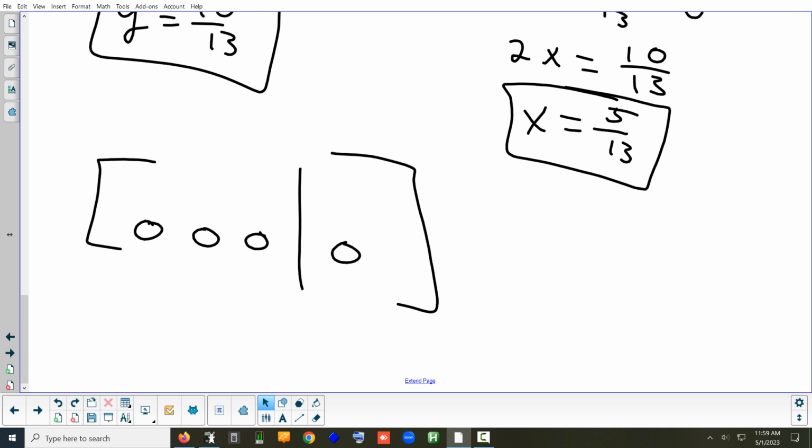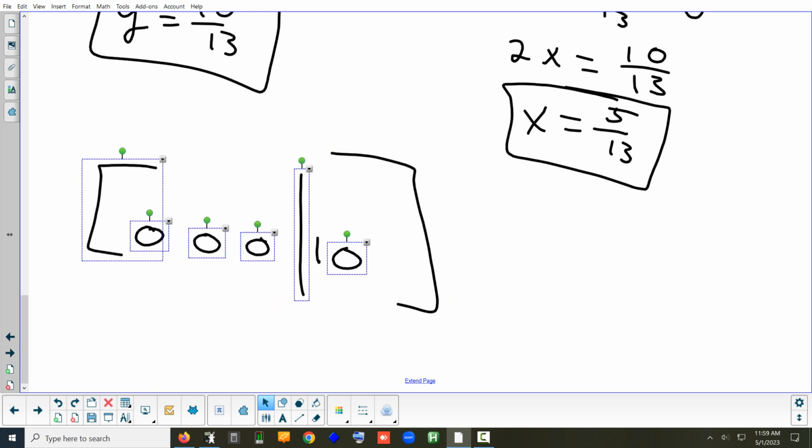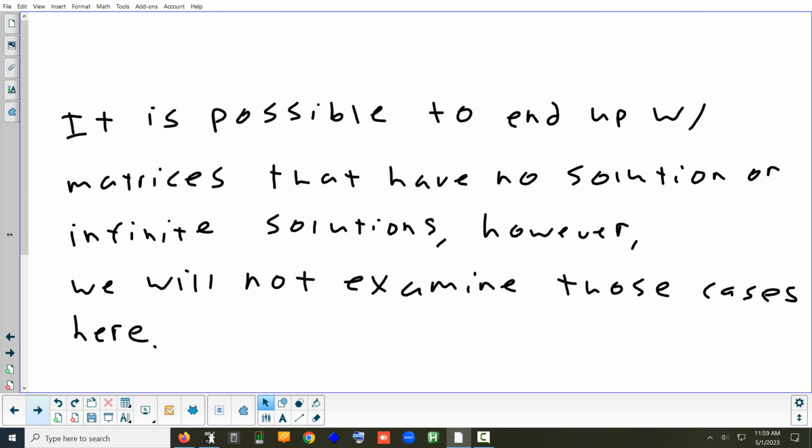So this would be an example of infinitely many solutions. That would be an example of no solution, because there's no way you can multiply 0 times something plus 0 times something and get 10. You'd get 0. So that would be no solution if you got all zeros and then a number on the other side that wasn't 0. But we're not going to examine those cases in this section.